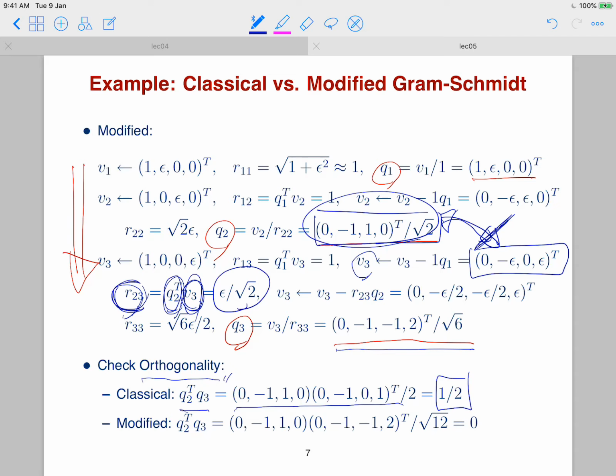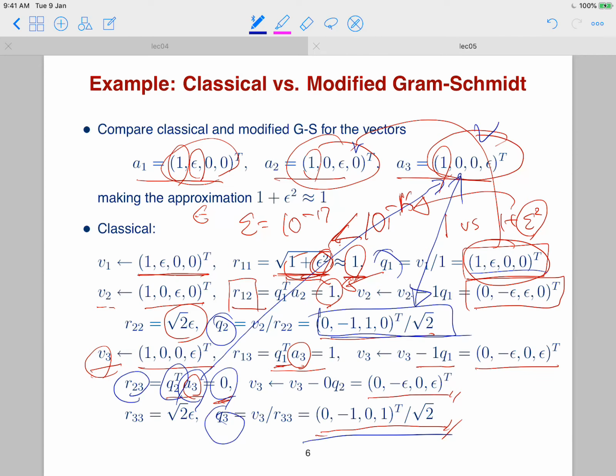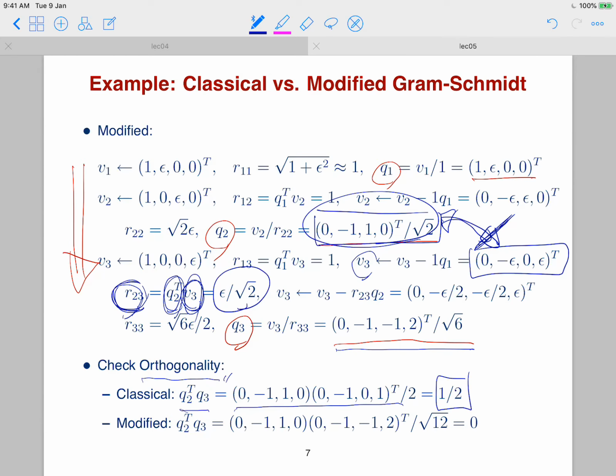So up to this point, the results are exactly the same.